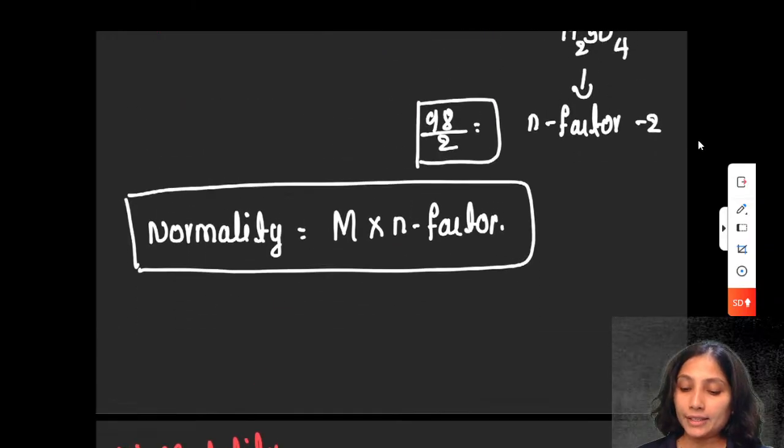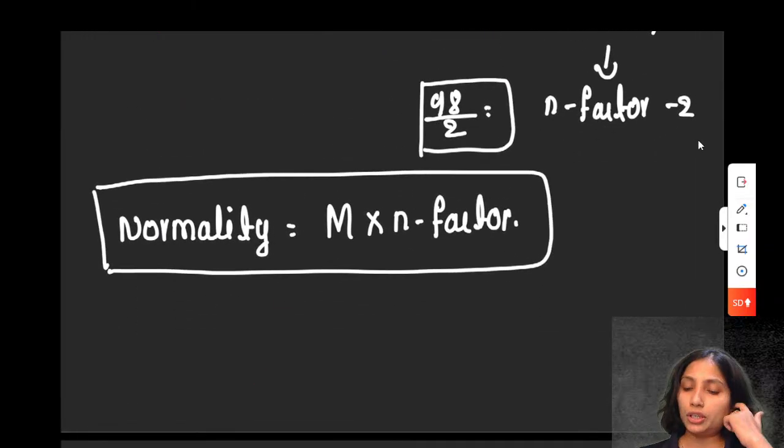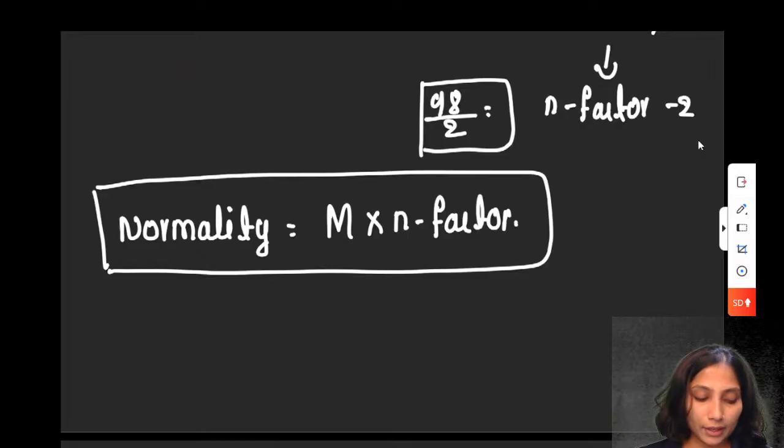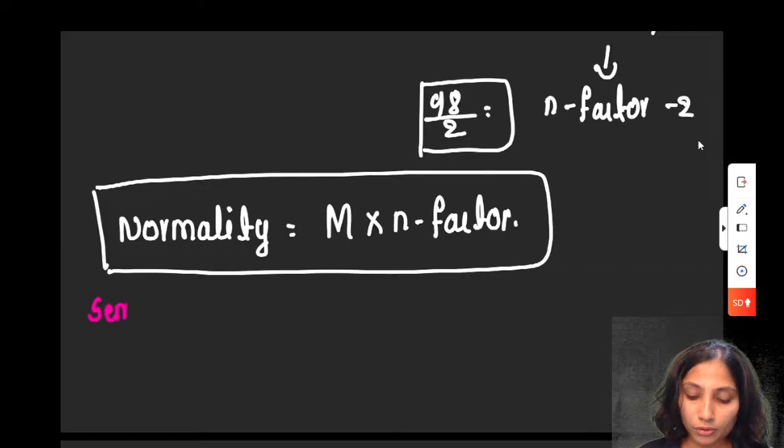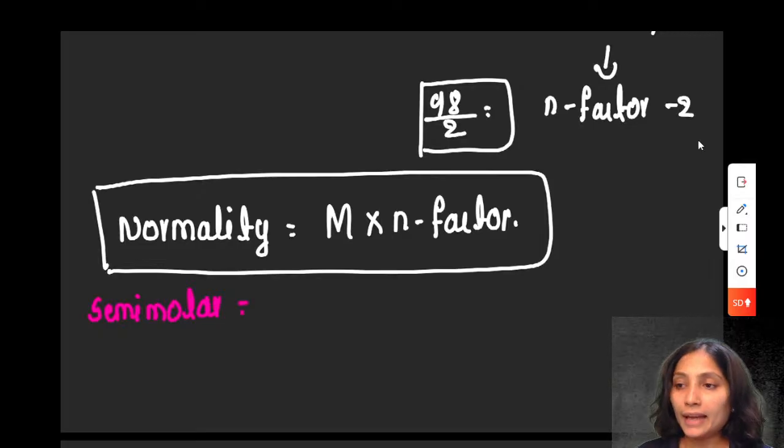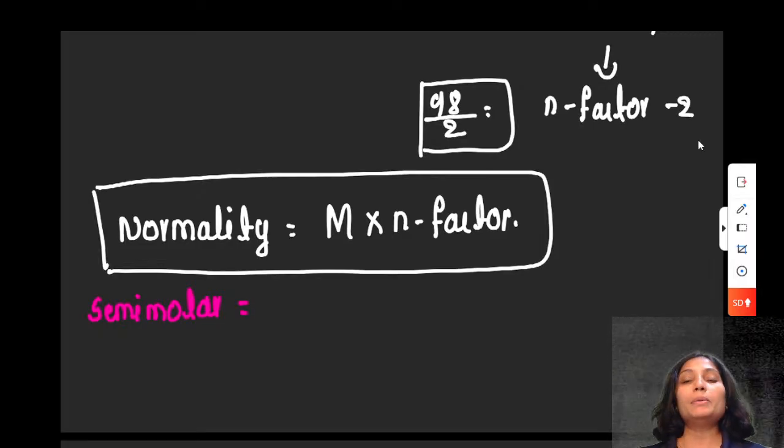And in case in the question it is given like semi-molar, can anybody tell me what is semi-molar? Semi means half, like semicircle. We say semicircle, right? What is meant by semi? Semi means half.